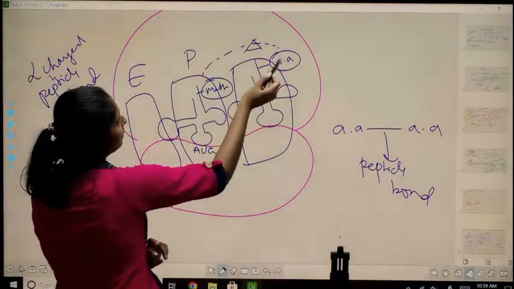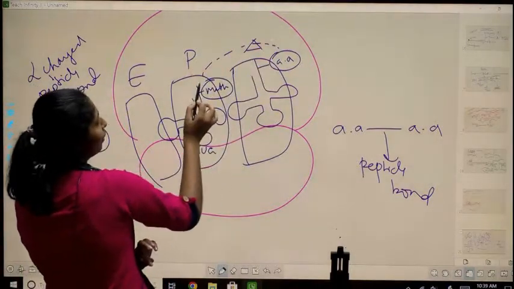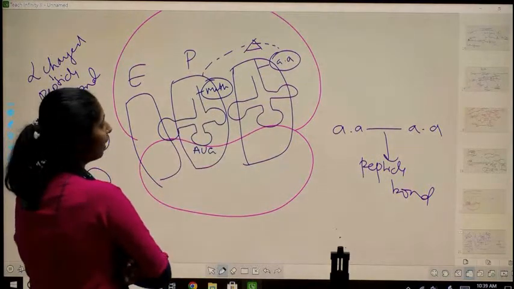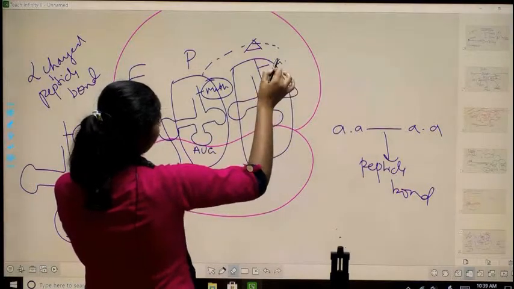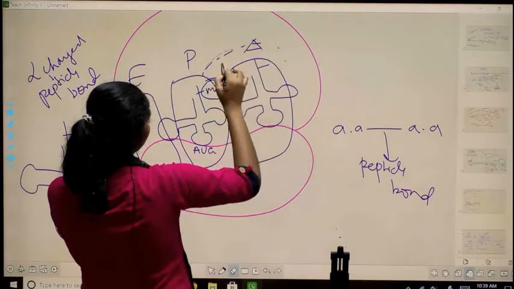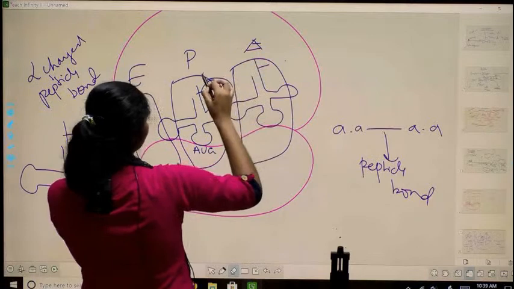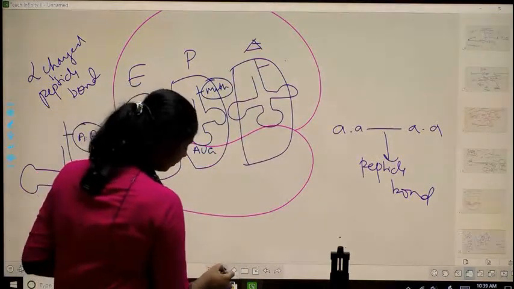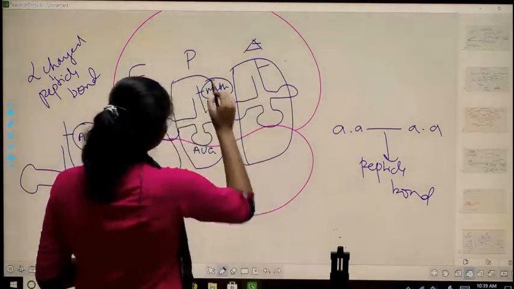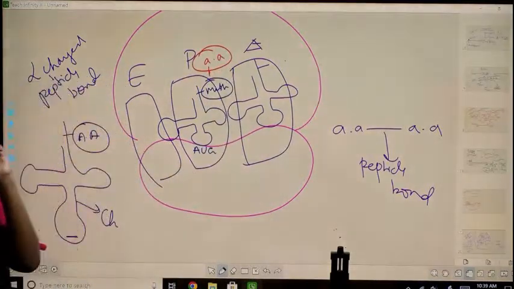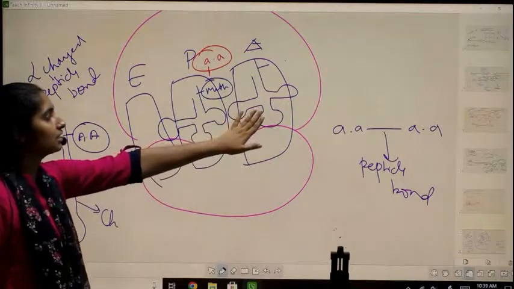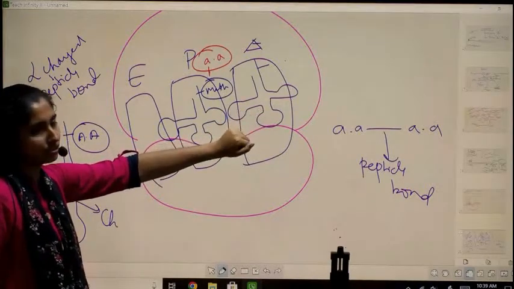The amino acid will get transferred to the chain of the existing tRNA. Here I have a new amino acid, which comes and binds to the P site. So can I say now this tRNA is charged?